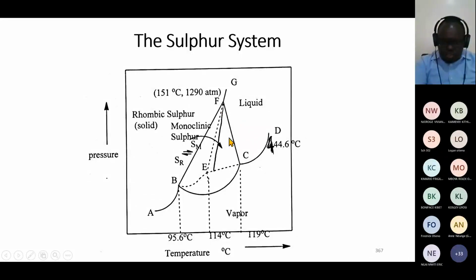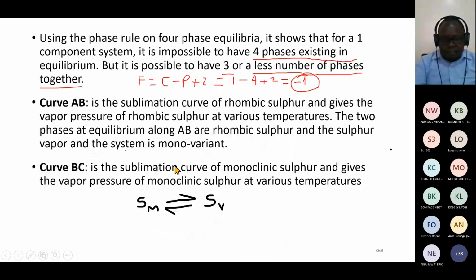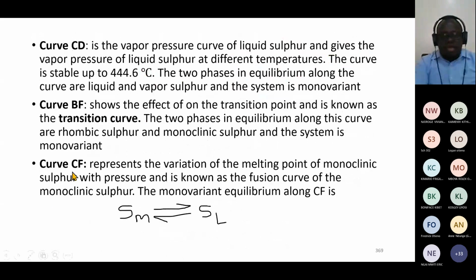So this line here shows the variation of the melting point of monoclinic sulfur with pressure. CF represents the variation of the melting point of monoclinic sulfur with pressure and is known as the fusion curve of monoclinic sulfur. The monovariant equilibrium along this line is monoclinic sulfur in equilibrium with the liquid sulfur.